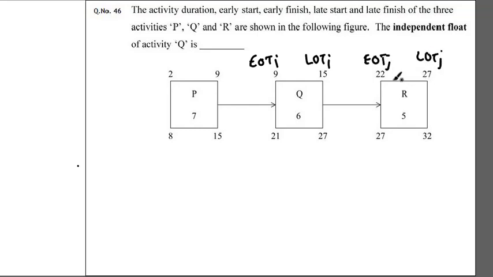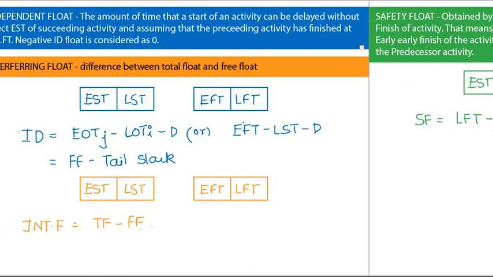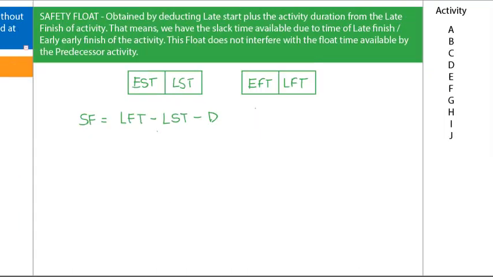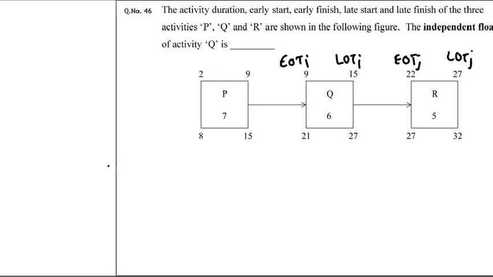Even I forgot some formulas, so let me see it again. It's EOTJ minus LOTI minus D. So 22 minus 15 minus D, where duration for Q is 6, equals 1.